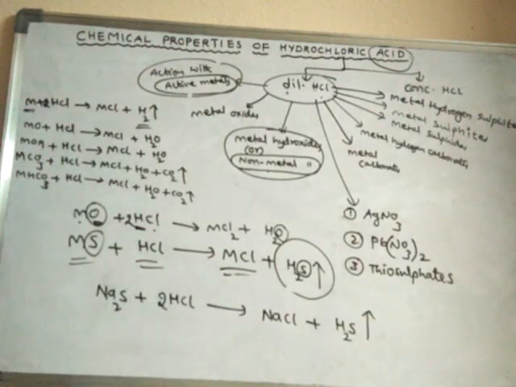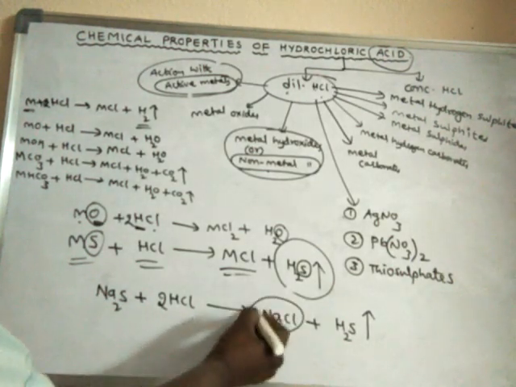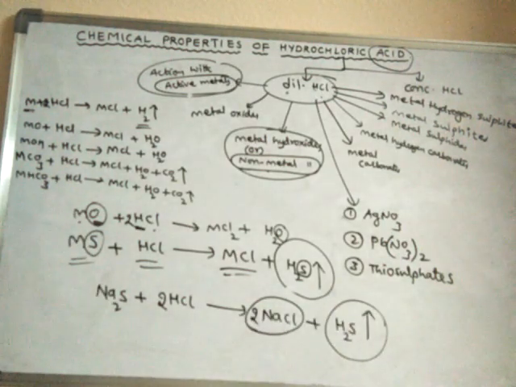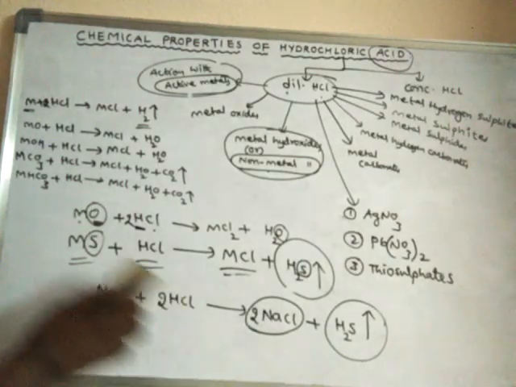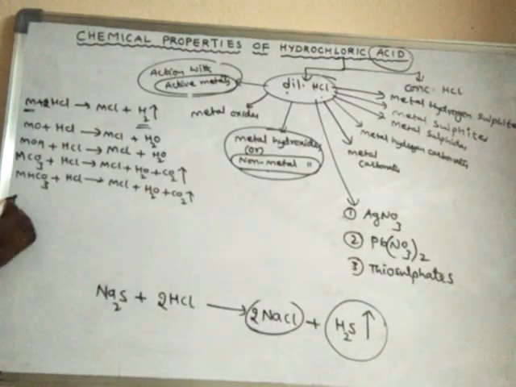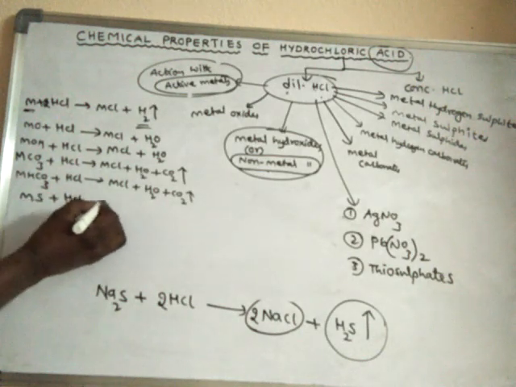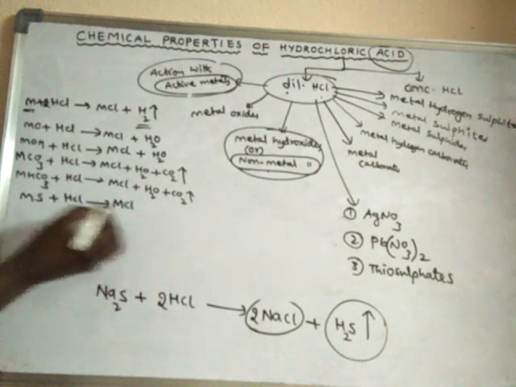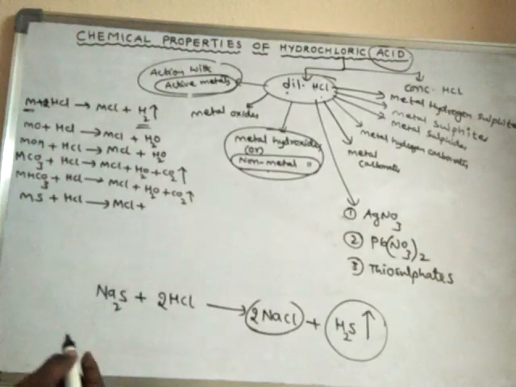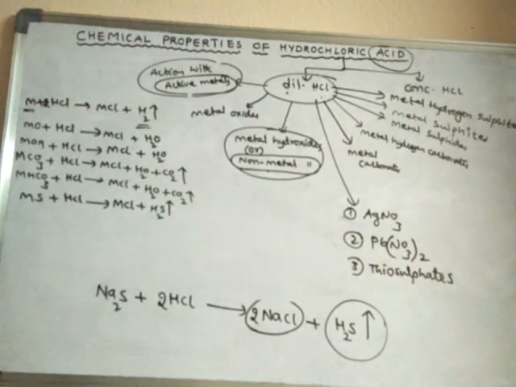So here, for sodium sulfide, we get 2NaCl, and hydrogen sulfide gas is released. Generally, metal sulfide plus dilute hydrochloric acid forms metal chloride, but water is not formed. Instead of water it forms hydrogen sulfide gas.